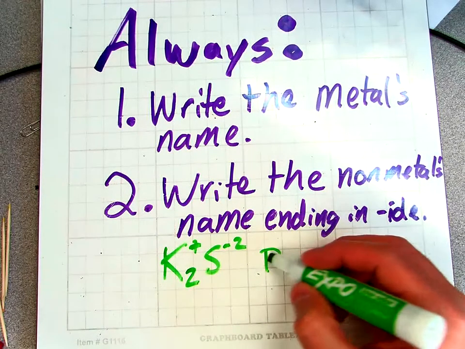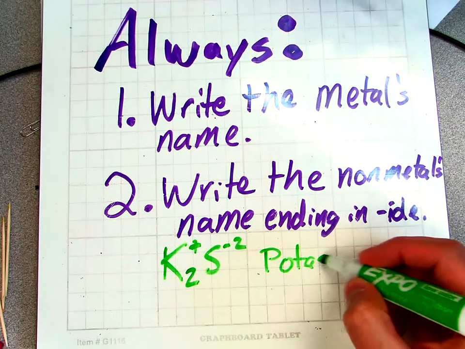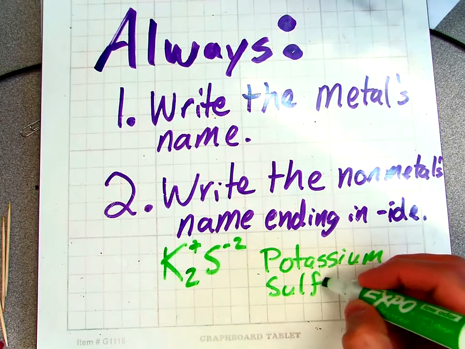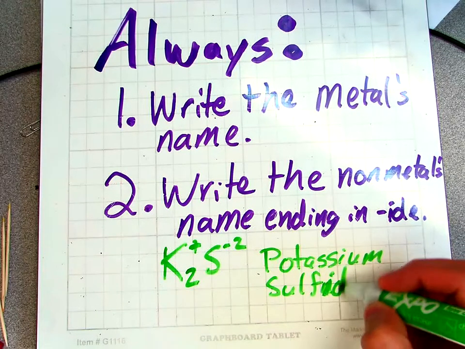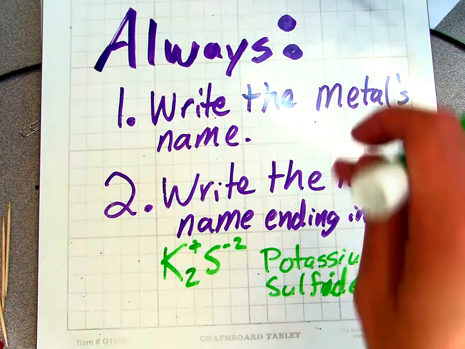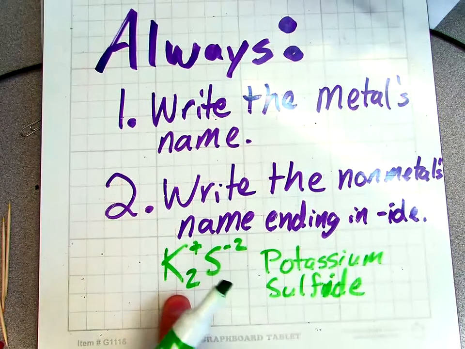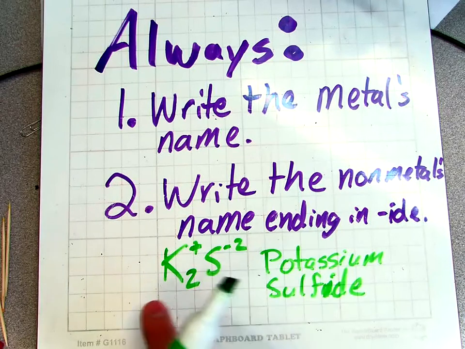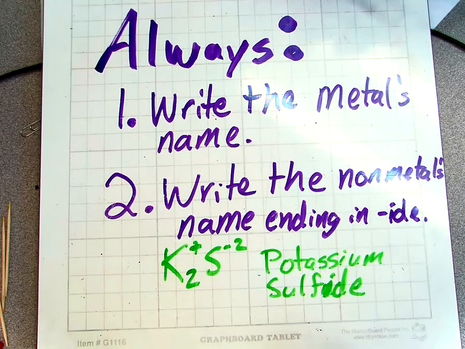We would just call this potassium sulfide. So we start with the metal's name. Metal's always going to be written first. Non-metal's always going to be written second. Potassium sulfide. That's all there is to it.